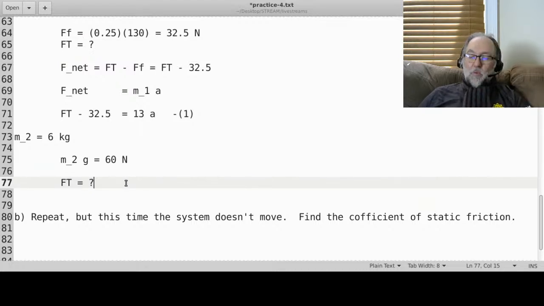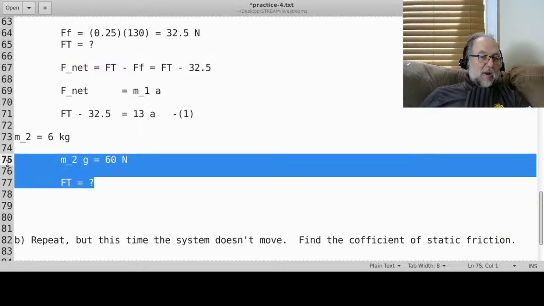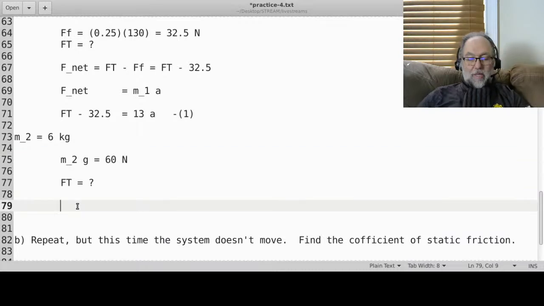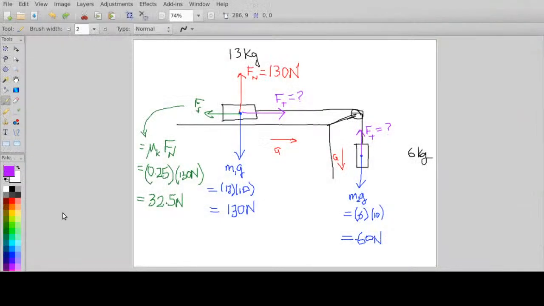Okay, and why did we do all this? Those are the only two forces. Why did we identify all the forces? So that we can get F net. And you say, all right, now what? What do you put in there? Let's go back to the diagram. All right. So if you take a look here in the diagram, we're looking at this situation over here with the 6 kilogram mass.